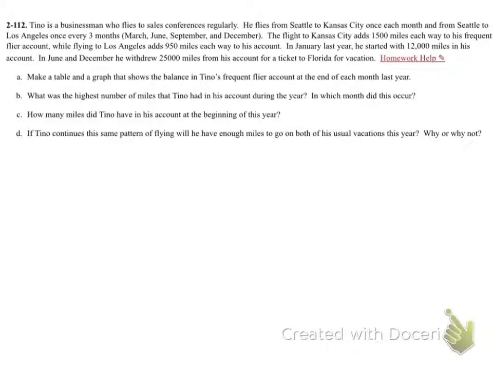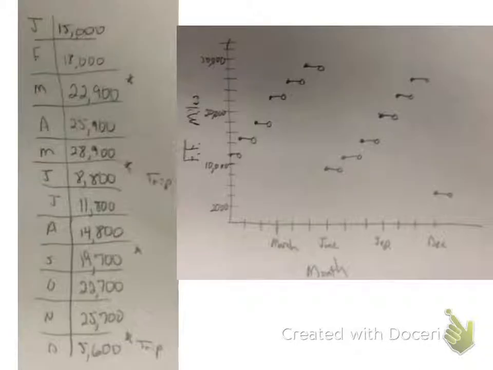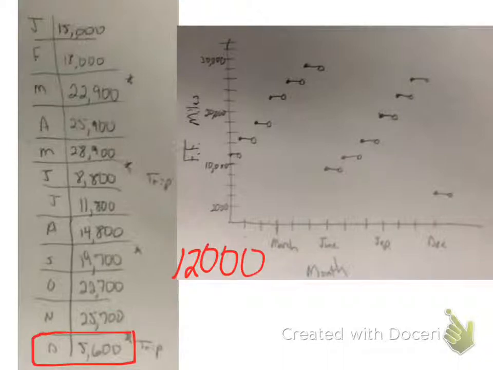And problem D. If he continues this, will he have enough miles to do his normal vacations? So, started off at 12,000. Ended up here at 5,600.